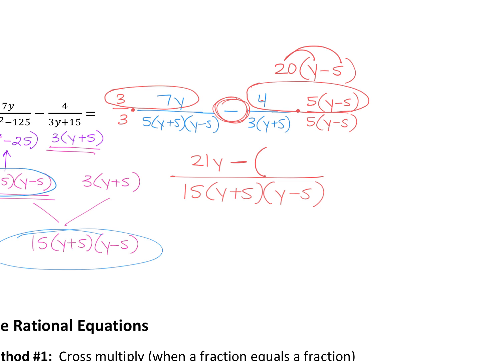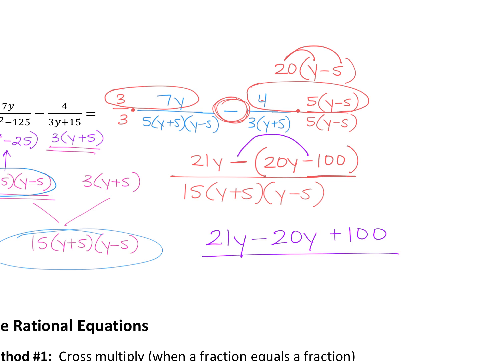We have to subtract this whole thing, right? Subtract the whole right side. So subtract 20y minus 100. When you subtract 20y minus 100, if we simplify that, that becomes 21y plus or minus? Minus 20y plus or minus? Plus 100. Minus a negative 100 is plus 100, right?